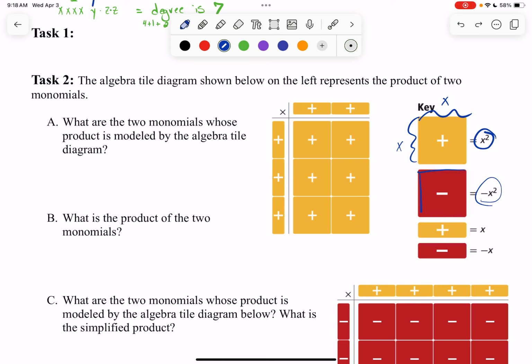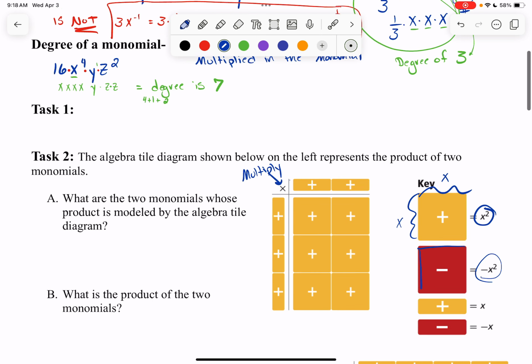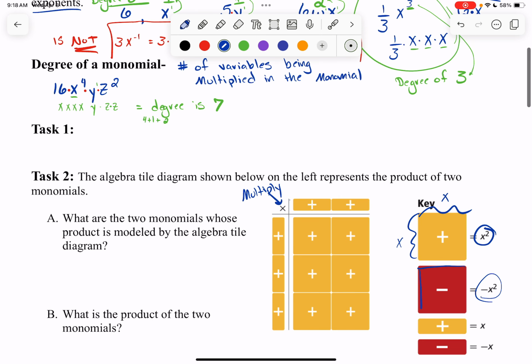All right, so to show this multiplication, this guy right here is not an x. This is just showing us that we're multiplying. It's kind of similar to our arrays from back in 3rd and 4th grade.